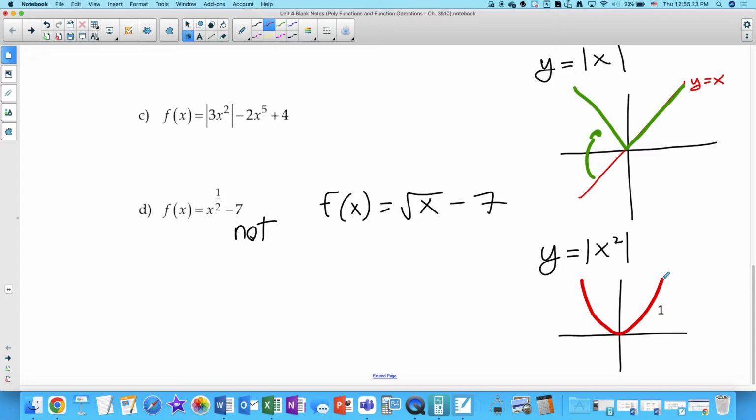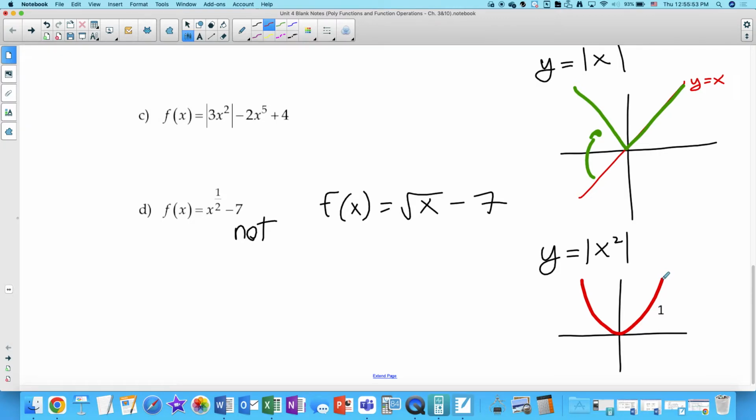If you think about x cubed, same thing: the absolute value of -1 all cubed is 1. So if the degree of the term is odd, that will not be the case. So if the absolute value is on the 2x to the 5, not correct. And look, we're really getting into the weeds here.